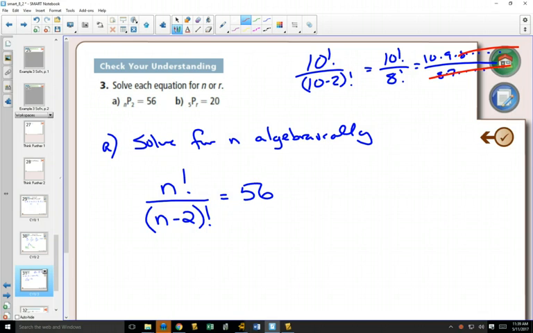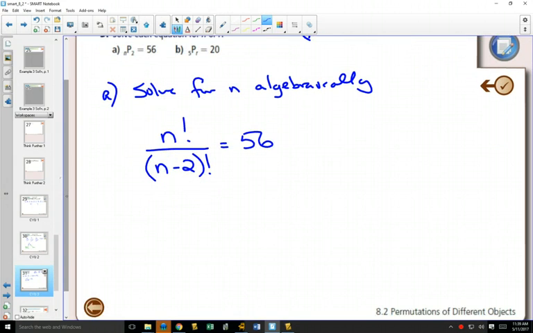So now we have to use that same idea when we have n's. The first thing you have to realize is which is bigger. Is n bigger or n minus 2 bigger? n is bigger. So what we do is we always start expanding the bigger one. So if n is bigger, it would be n times what would be next? n minus 1. And then what would be next? And you keep going until you get to the number that's on the bottom.